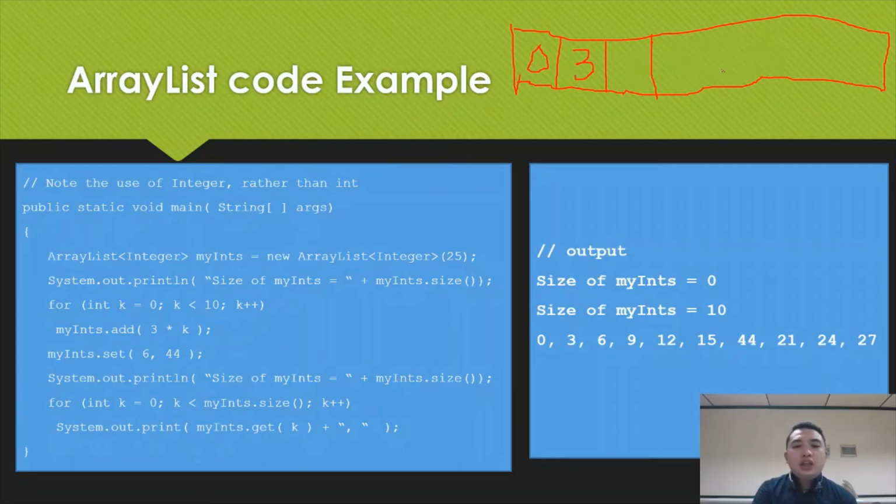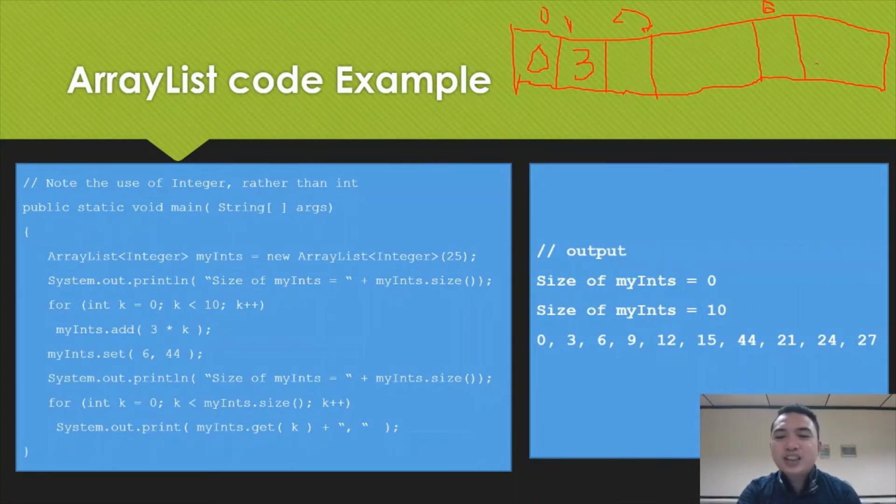And then we have here myInts.set(6, 44). If you remember, the first parameter of set is the index number, and the second parameter is the value that you want to put at that index. So this is 0, 1, 2, and imagine that here is index 6.